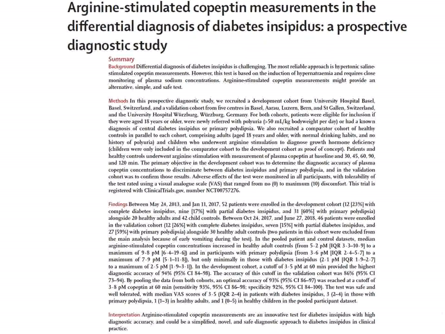Now the next paper in the Lancet interests me quite a bit because it involves patients with central diabetes insipidus. Patients with nephrogenic diabetes insipidus were not included in this study.